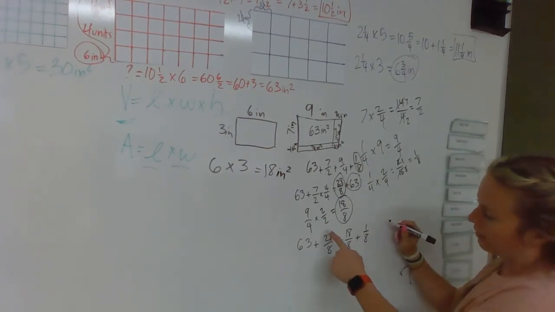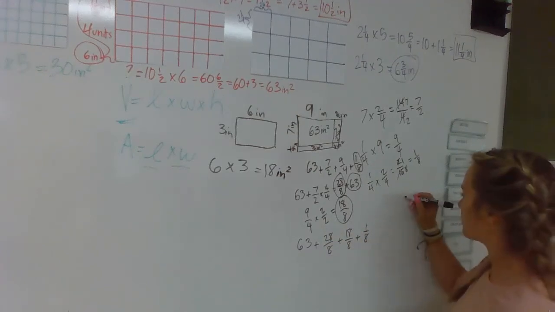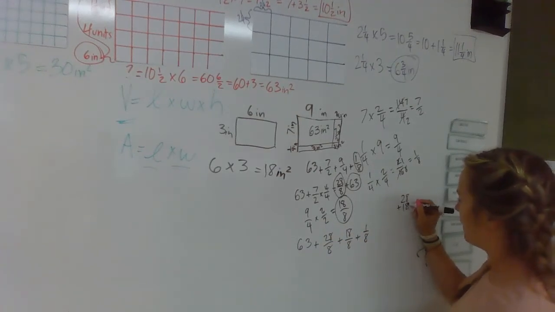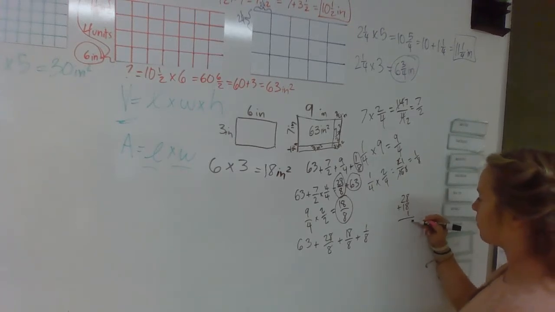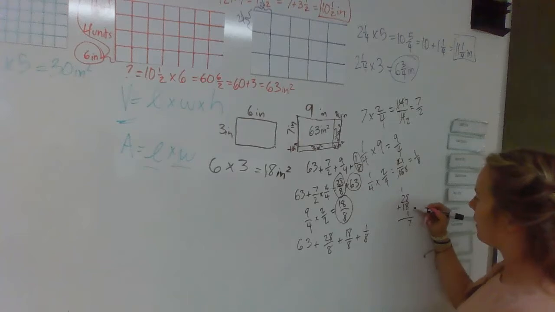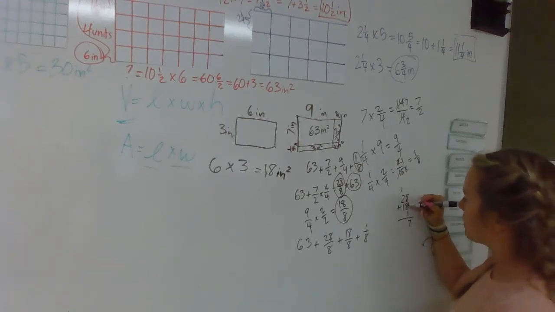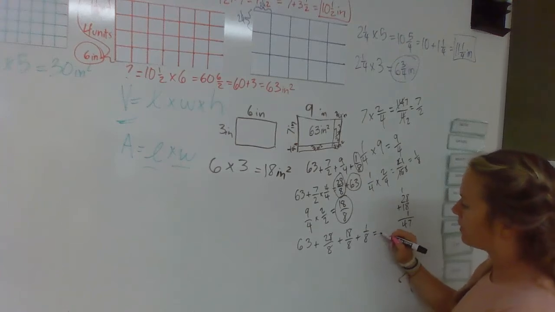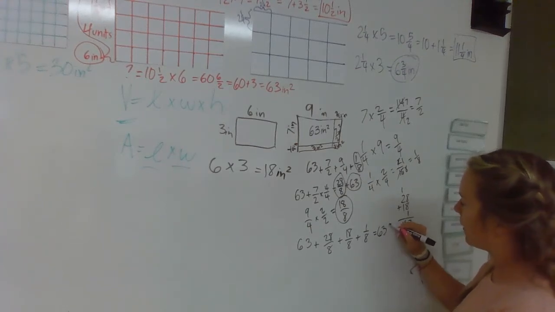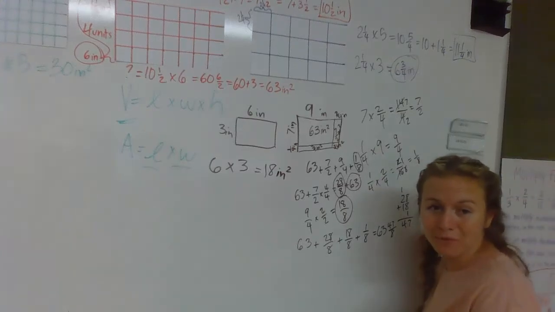So now I've got to add all the numerators up. 28 plus 18. I can put a 1 there. Okay, so 8 plus 8 is 16 plus 1 is 17. Carry the 1. 1 plus 1 is 2 plus 2 is 4. 47. So this equals 63 and 47/8. I can reduce that.